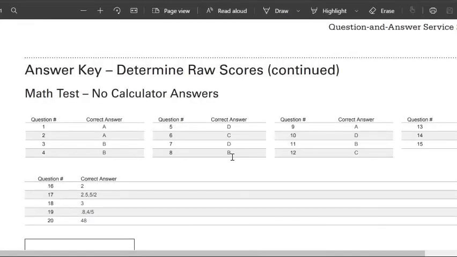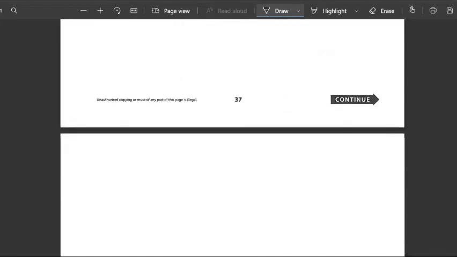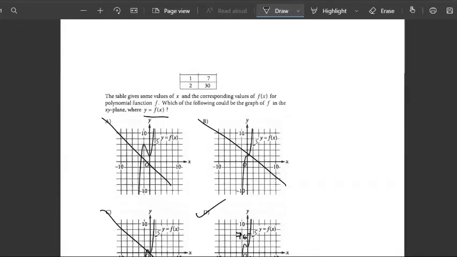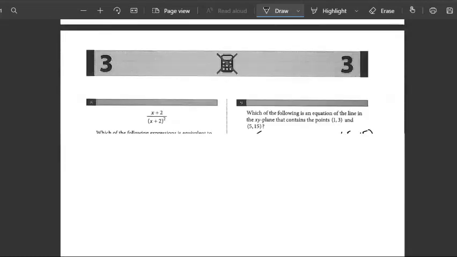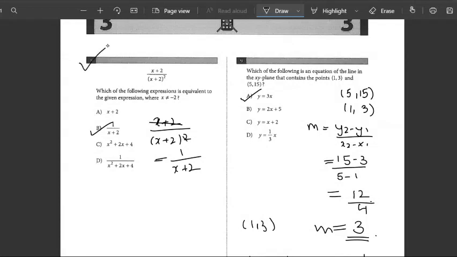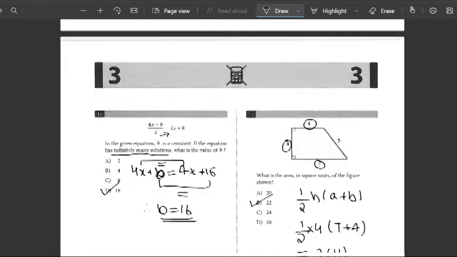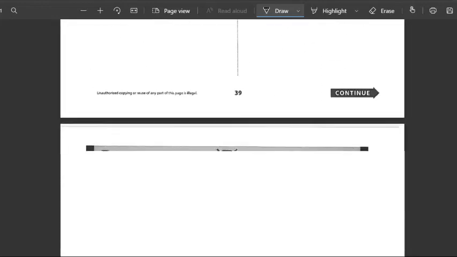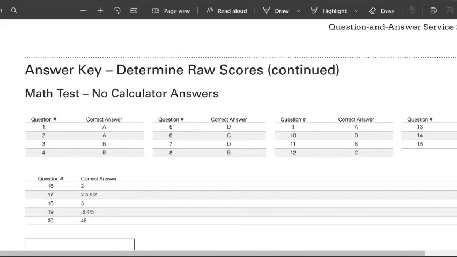7D, 8B, and 9A. So 7 is D, 8 is B, and 9 is A. 10D, 11B, and 12C. 10 is D, that's correct. 11 is B, and 12 should be C. Okay, that's also correct. 13D, 14A, 15D.